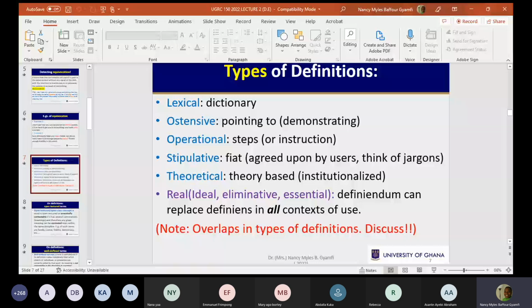But if I'm doing sociology and I say family is a blood relation, I can still use family in sociology and it doesn't refer to blood relation. That's what I'm trying to say. The family here is the sisters, brothers, friends who live with them.